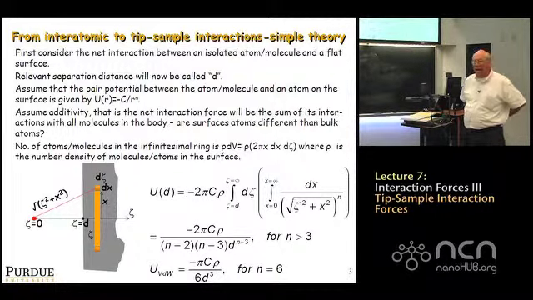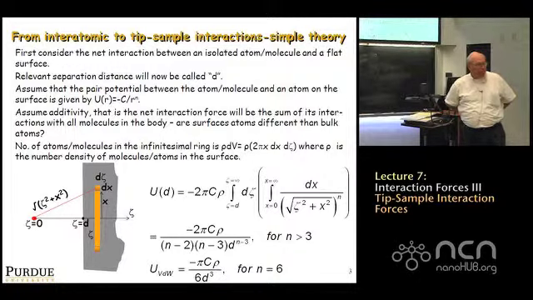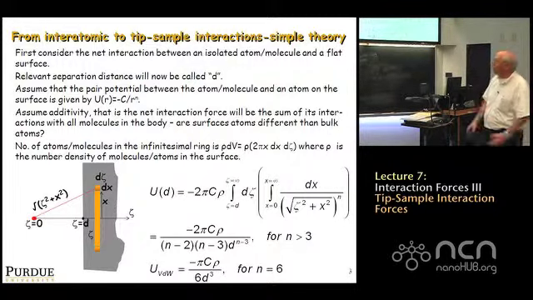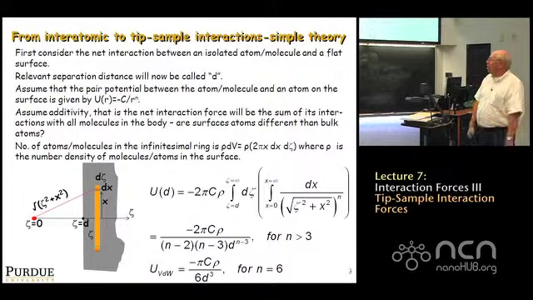So rho means how many atoms there are per cubic meter, because these van der Waals interaction forces are between individual atoms or molecules, right? So we have to use a special definition for rho that's somewhat different from the standard definition.